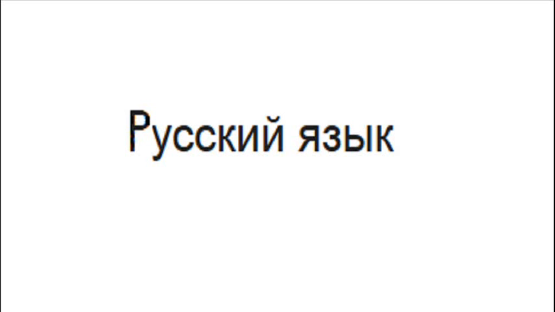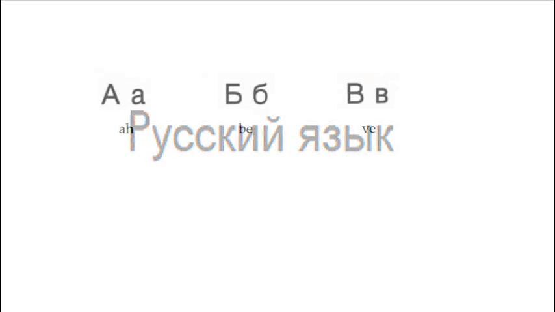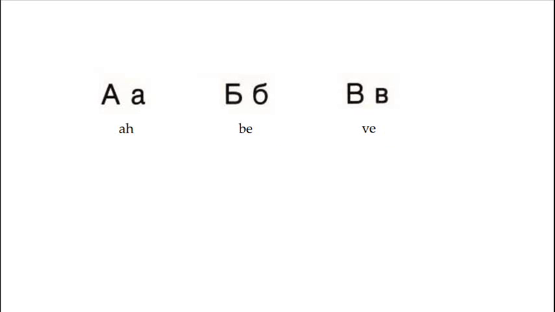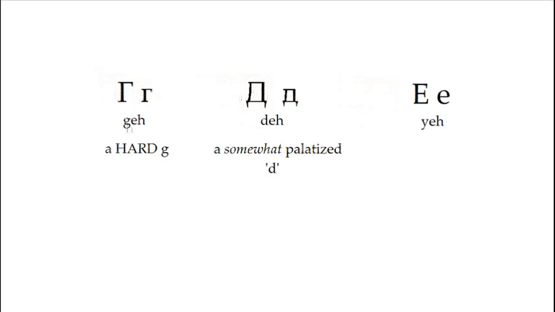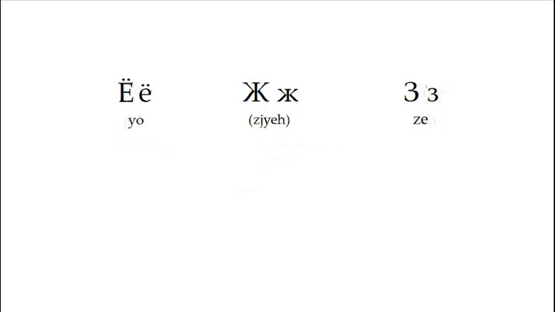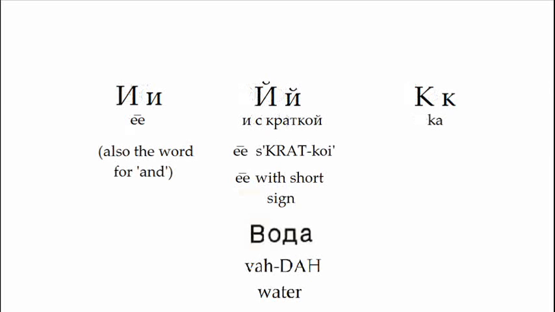And first of all, let's just review what we have learned to date. Thus far, we have A, B, V, G, D, Y, Yo, J, Z, I, и краткое, and K. All right, so that's where we're at thus far.